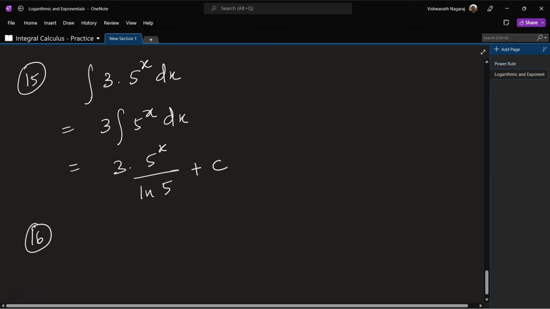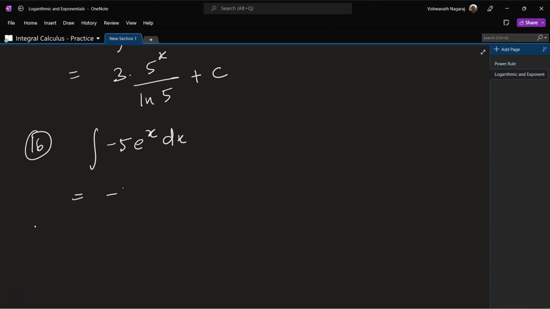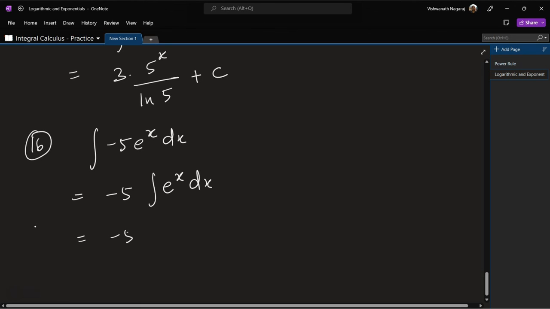16th one, integral of minus 5 e to the power of x dx, which gives us minus 5 integral of e to the power of x dx. Minus 5 times e to the power of x as it is, and then natural log of e, right?